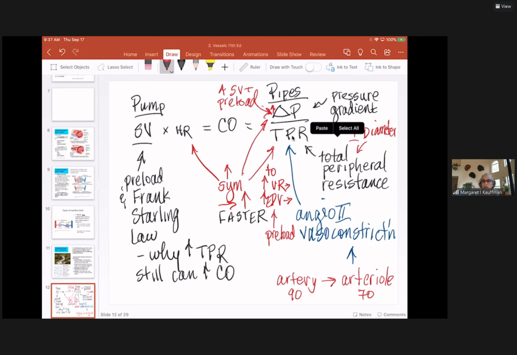If the denominator goes up, you've got to make the numerator go up even further. And the way you do that is return more blood, make end diastolic volume go up, increase your preload. Since preload is the major factor in determining stroke volume and in determining cardiac output, that is making the heart work harder, getting more of a pressure behind the blood and increasing delta P enough to increase cardiac output.